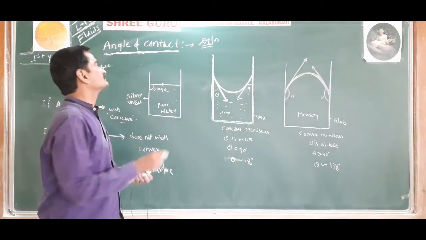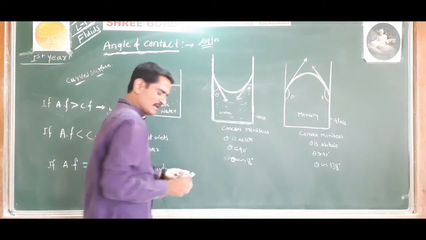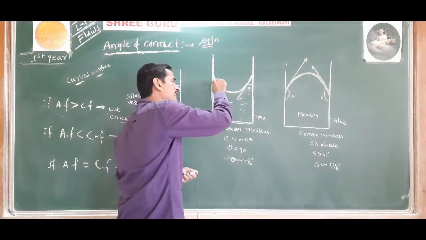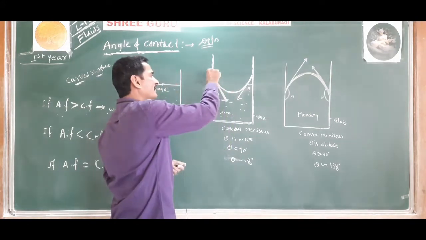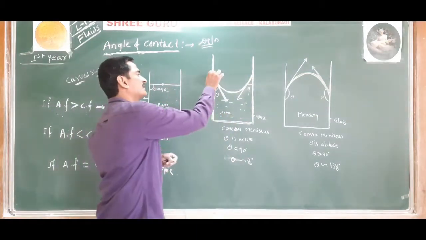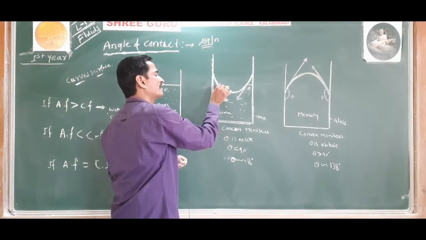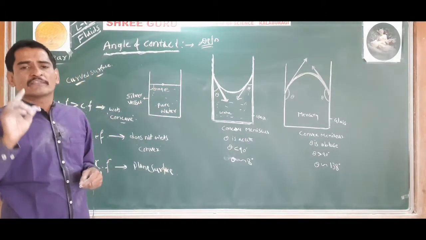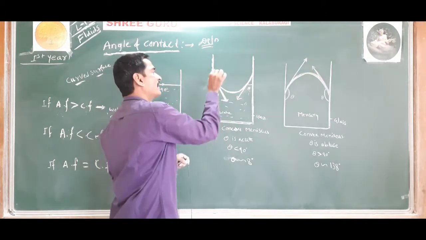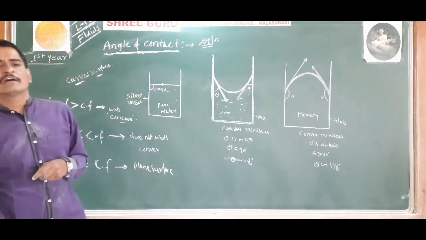So, now I am telling the definition for angle of contact. Angle of contact is defined as the angle made by the tangent. This is the tangent. The angle made by the tangent drawn to the liquid surface at the point of contact with the solid surface inside the liquid is called the angle of contact.